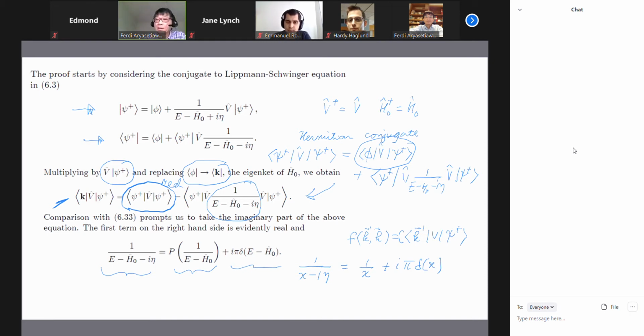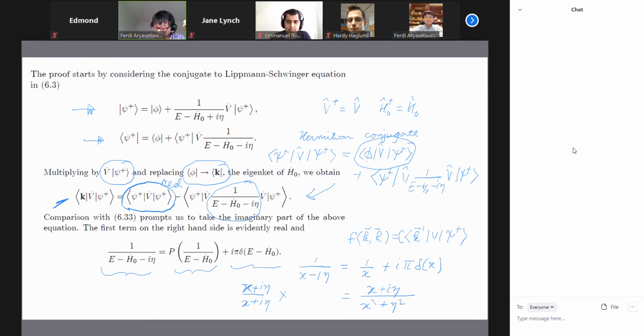So you can see this by just multiplying both sides with 1 upon, down. So this is just 1 here. So you see that if you do this, then you get x plus i eta divided by x squared plus eta squared, like this.